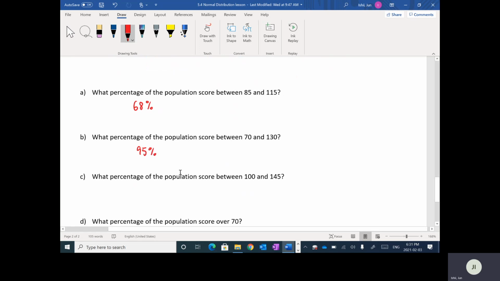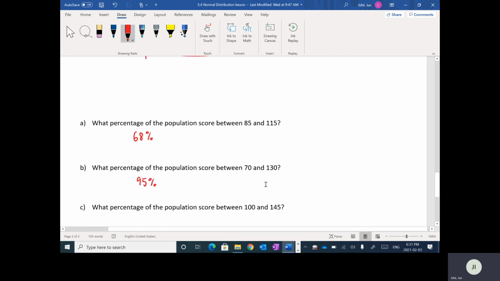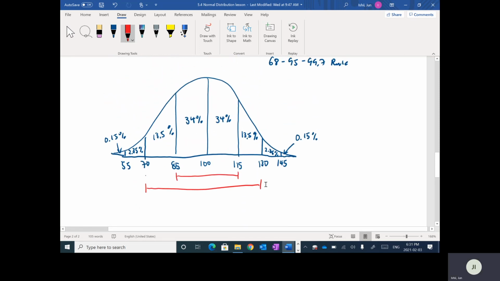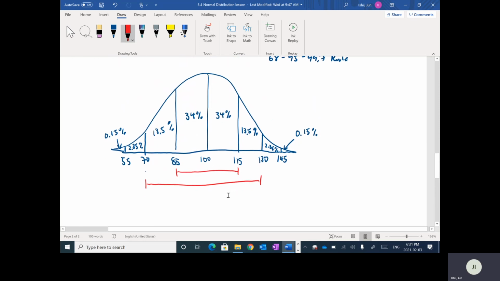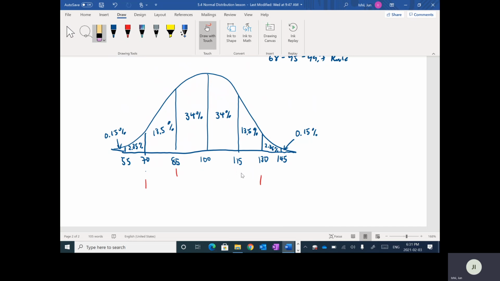All right, next up, what percentage of the population scored between 100 and 145? Okay, so between 100 and 145, you know what, I'm just going to erase the 2 ones that we just did here. Oops, I didn't mean to erase the 85, so let me just write that one back. Okay, so now we've got to add up them individually here.